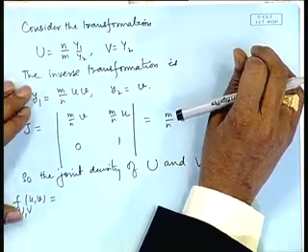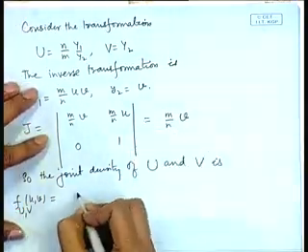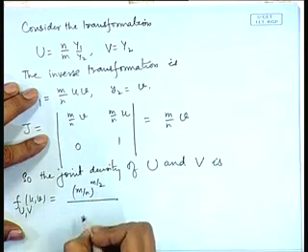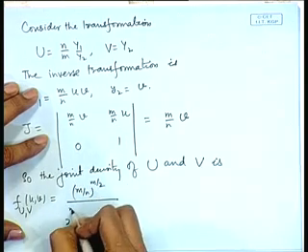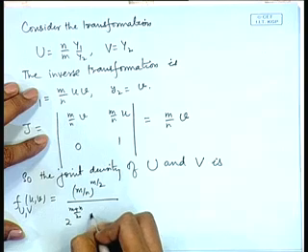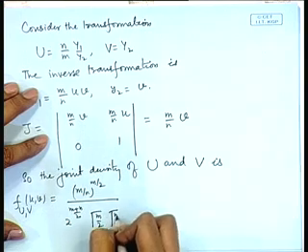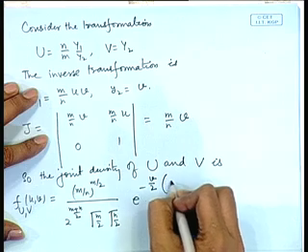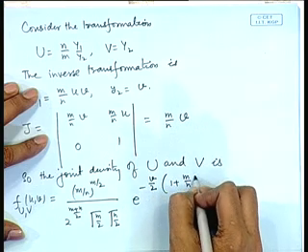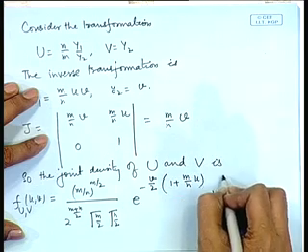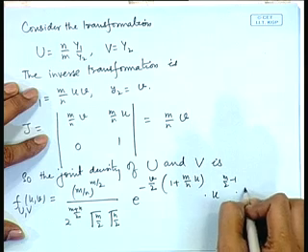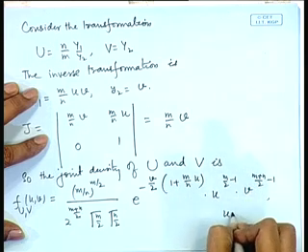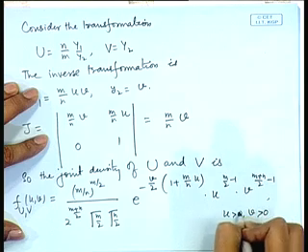After adjustment of the terms, we can write it as m by n to the power m by 2 divided by 2 to the power m plus n by 2 gamma m by 2 gamma n by 2, e to the power minus v by 2 times 1 plus m by n u, u to the power m by 2 minus 1, v to the power m plus n by 2 minus 1, where u and v are positive variables.